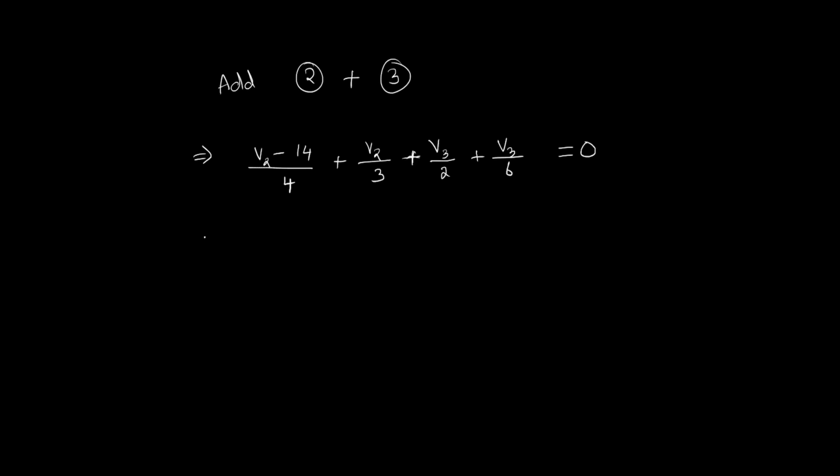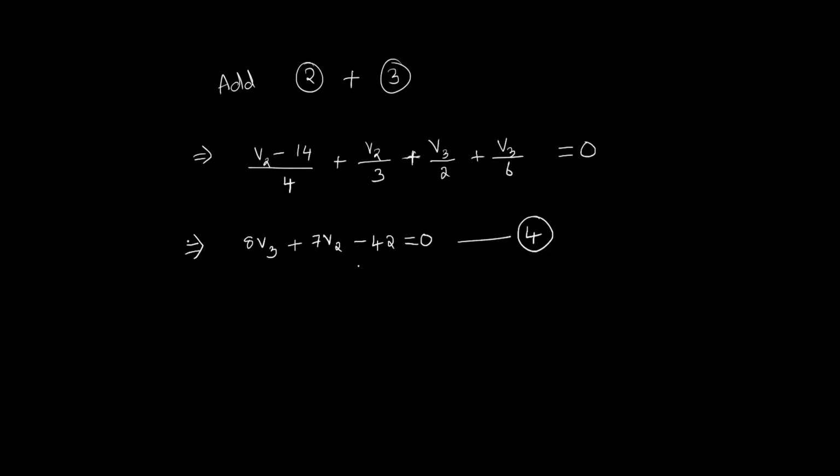Now if we take LCM and rearrange this equation, we will obtain the equation as 8V3 plus 7V2 minus 42 equating to 0. So consider this as equation 4.